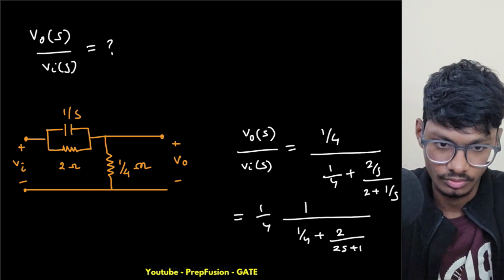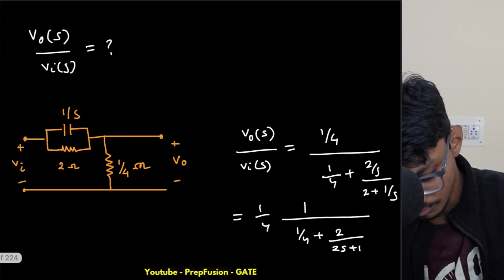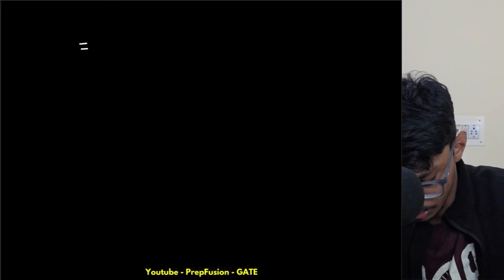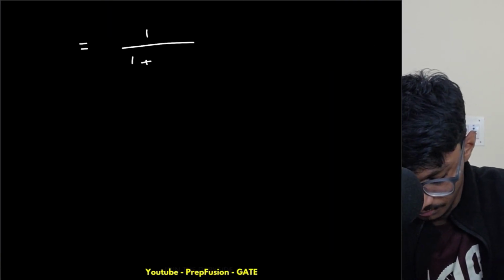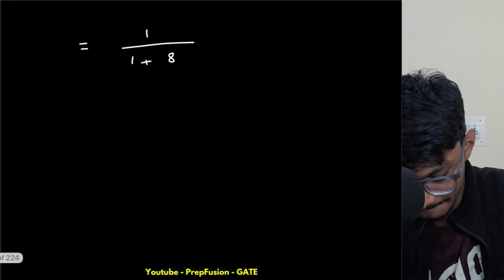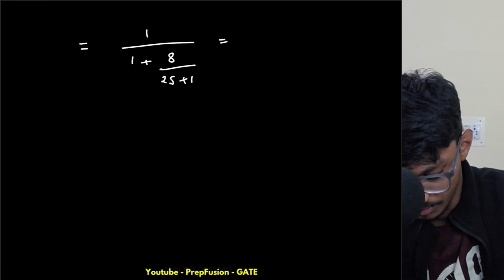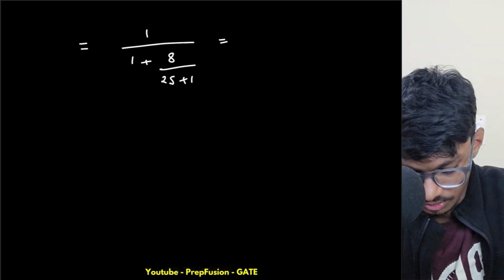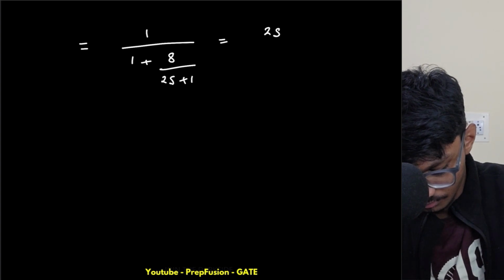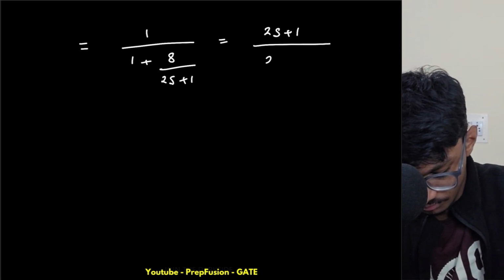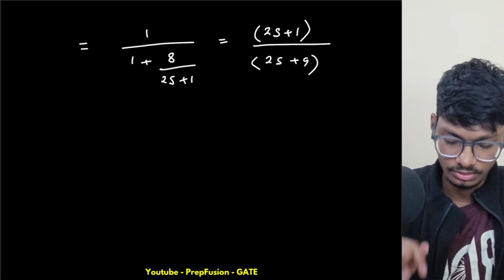Now I can multiply 4 with the denominator, so this becomes 1 plus 8 divided by 2S plus 1. Now if I multiply 2S plus 1 on both sides, this becomes 2S plus 1 upon 2S plus 9.